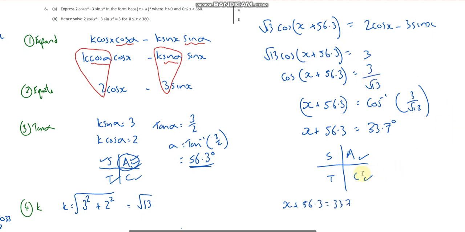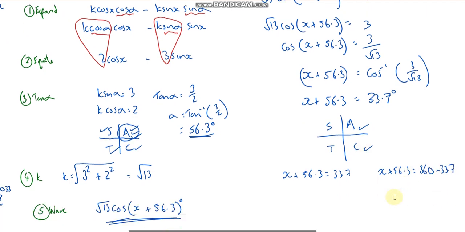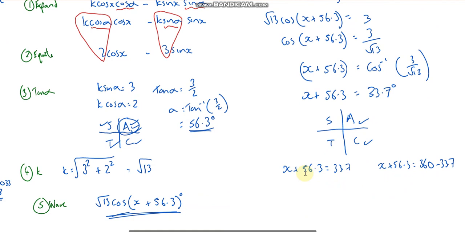In the last quadrant, it's x plus 56.3 equals 360 take away 33.7. So let's solve this one. 33.7 take away 56.3. I'm just rearranging to make x the subject. So x is equal to negative 22.6 degrees, okay?